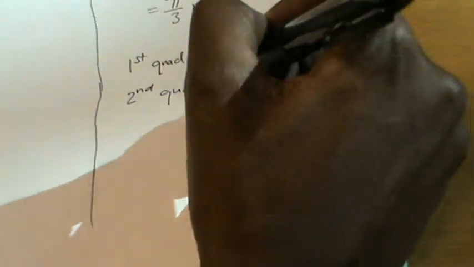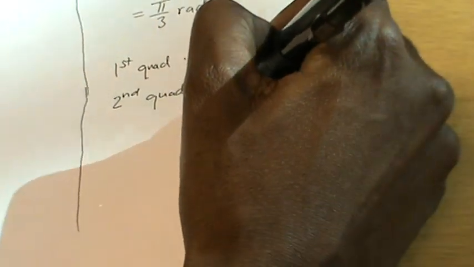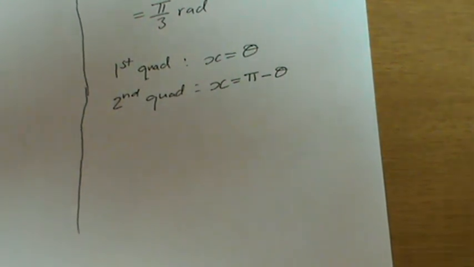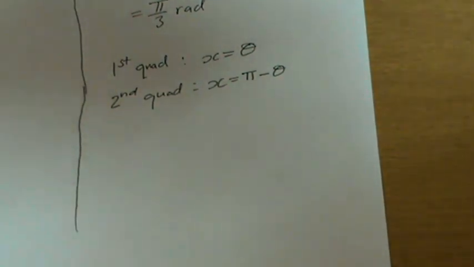If it is in the first quadrant, then x is just equal to theta, my reference angle, and if x is in the second quadrant, then x is equal to pi minus theta. That is the definition of an angle in the second quadrant.